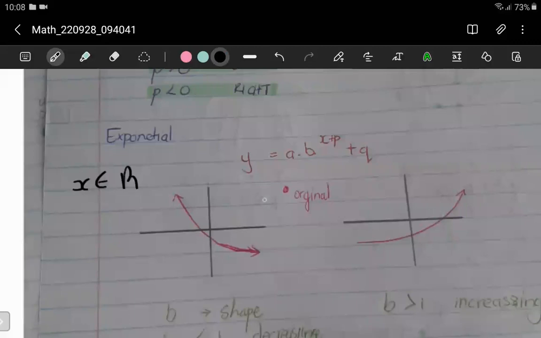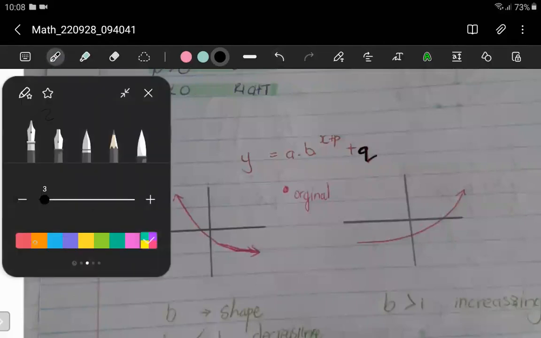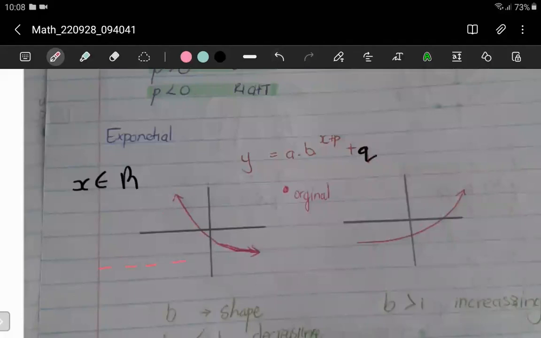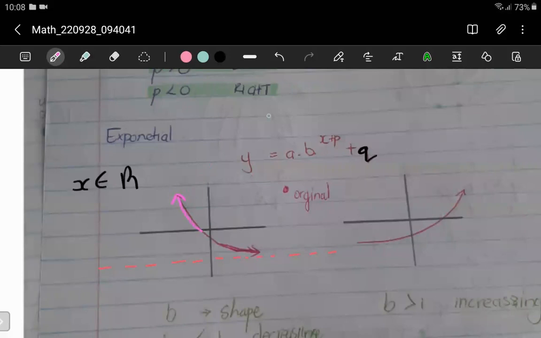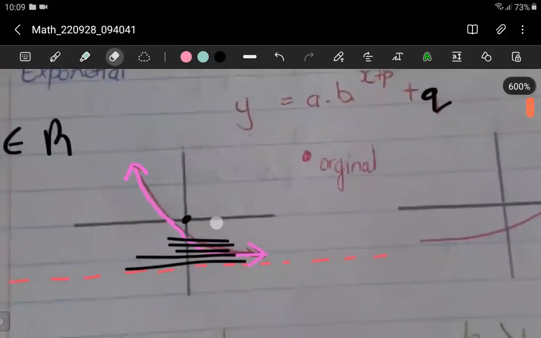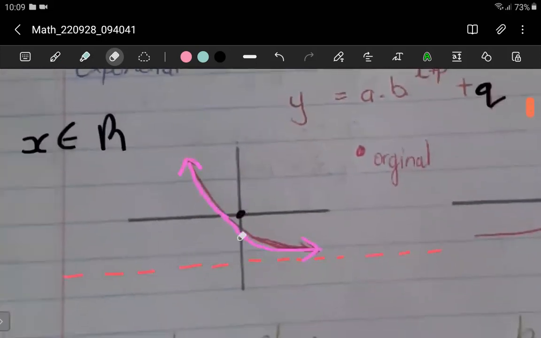The range. The thing is, with all exponential graphs, they have an asymptote, and the asymptote is this one. So if this is the asymptote, we need to ask ourselves, these are y values here, going all the way up to infinity, and they end at whatever asymptote this is.